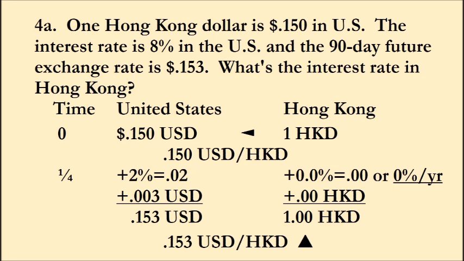This time I've added an additional arrow to show the directionality as we first go to the exchange rate, then backwards. Meaning we gained that 2 percentage point in a quarter of a year. That's now 0.3 cents, and we get 153, but the exchange rate is 153, so we wind up with the same amount, meaning 0% in Hong Kong.